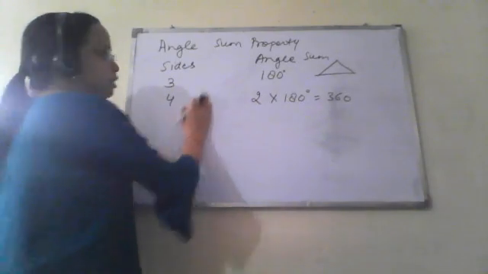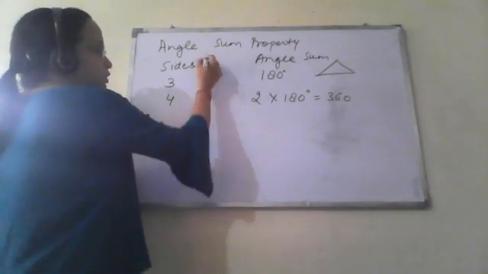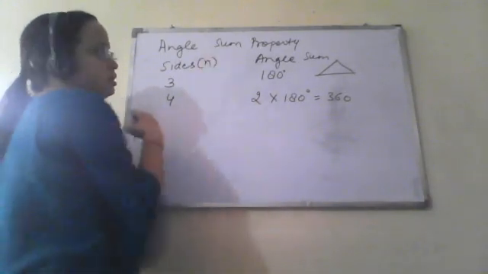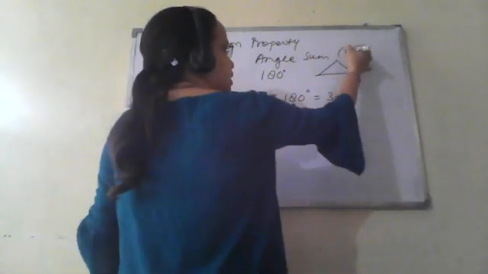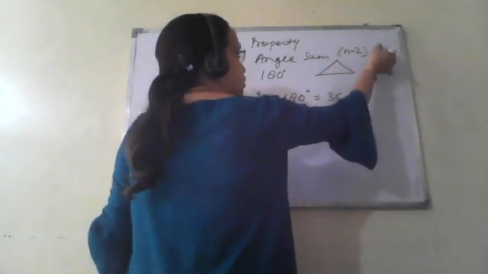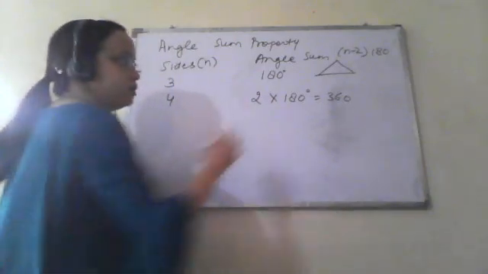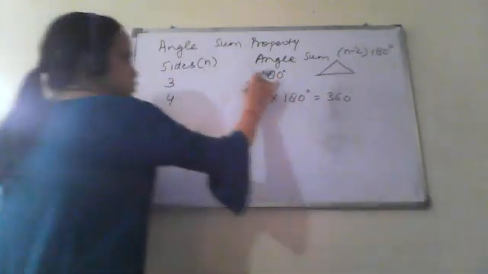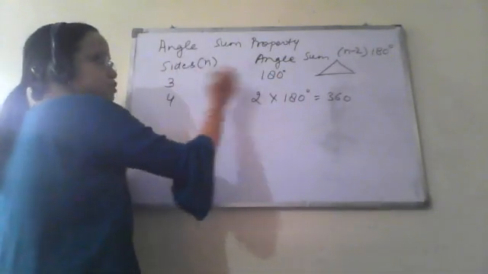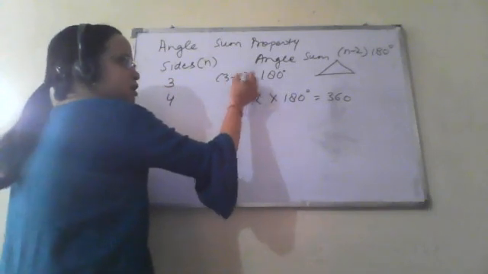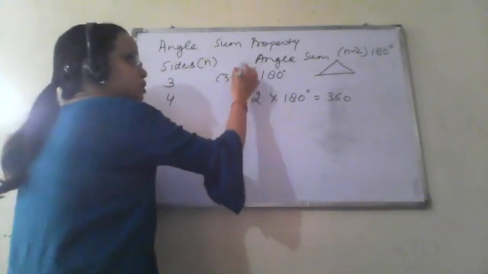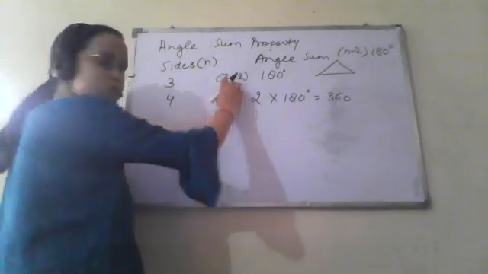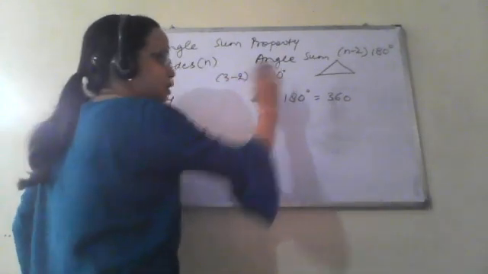So we can deduce that if the number of sides is n, the angle sum will be n minus 2 into 180 degrees. For n equals 3, it will be 3 minus 2 into 180 degrees. 3 minus 2 is 1, and 1 into 180 is 180.